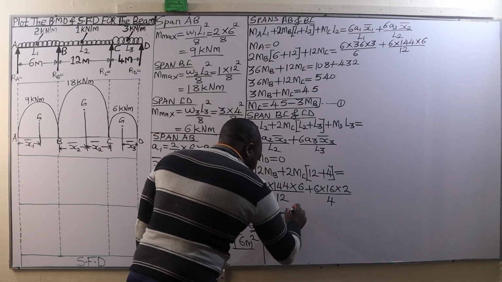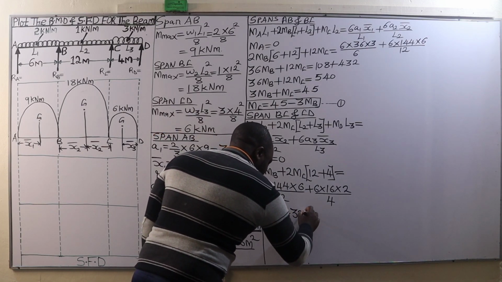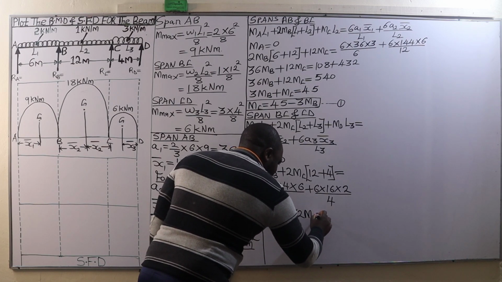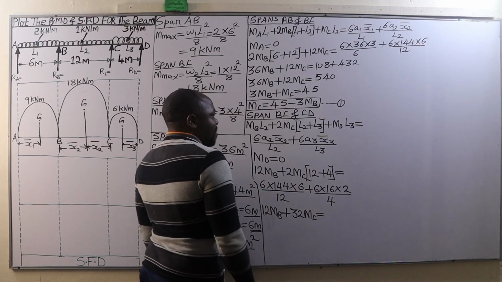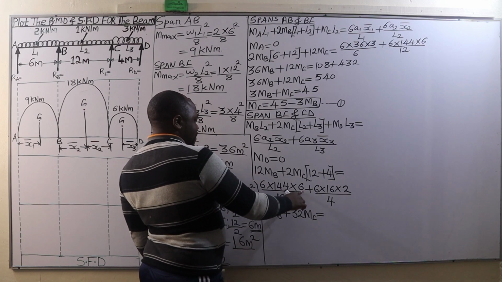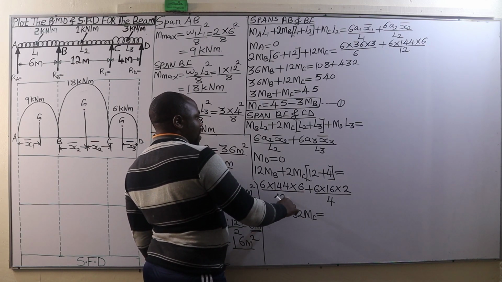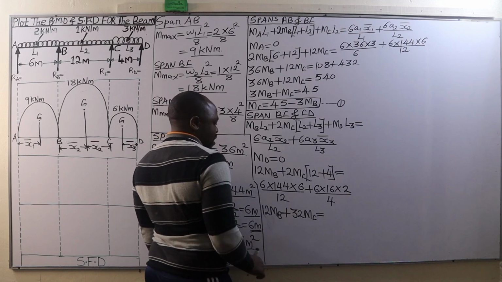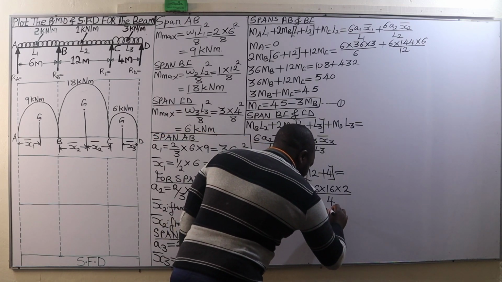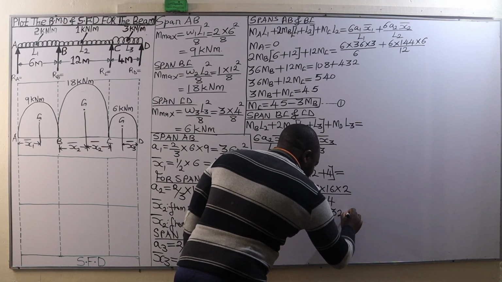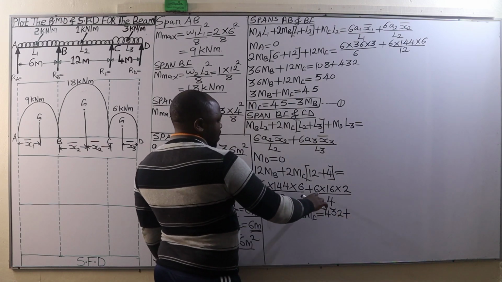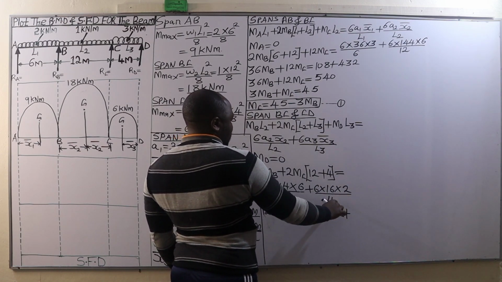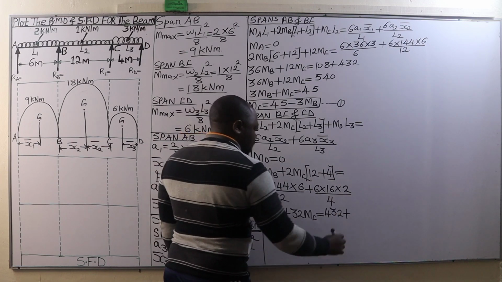So plus 32 MC, which is going to be equal to 6 times 144 times 6 divided by 12, that is 432, plus 6 times 16 times 2 divided by 4, that is 48.